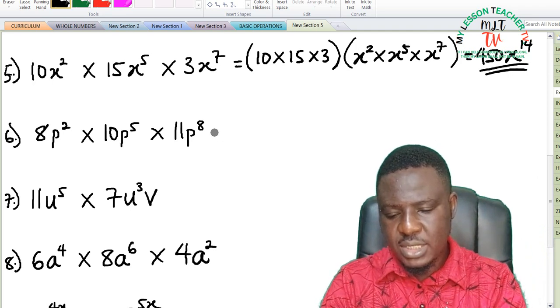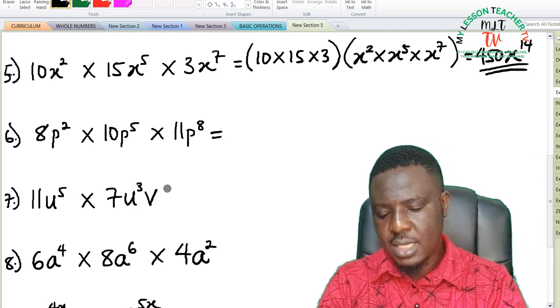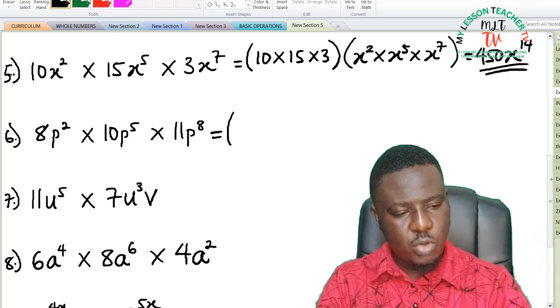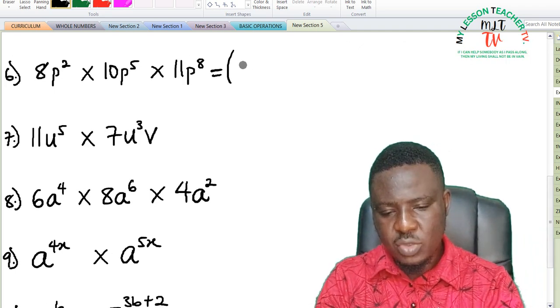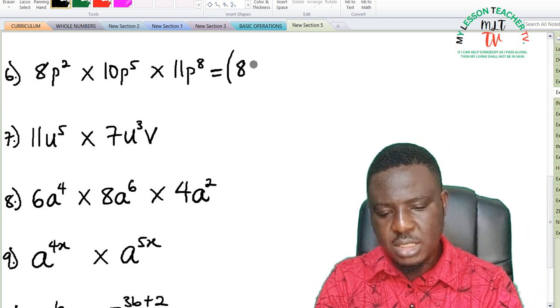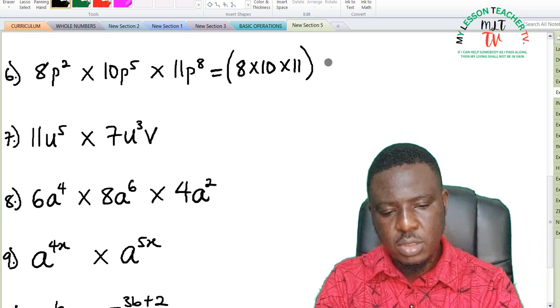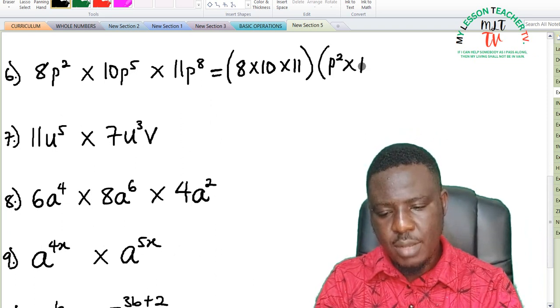And question number 6, you multiply out the coefficient as we did in others. So this becomes 8 times 10 times 11 times p squared times p raised to the power of 5 times p to power 8.